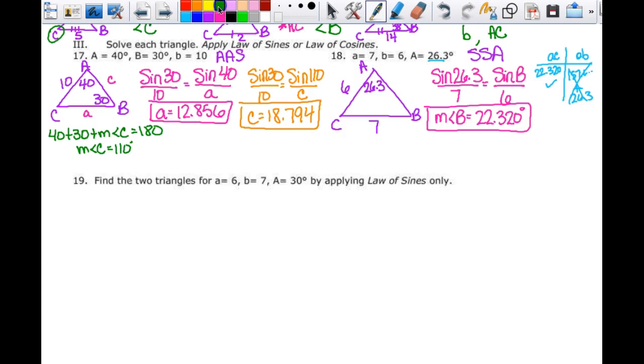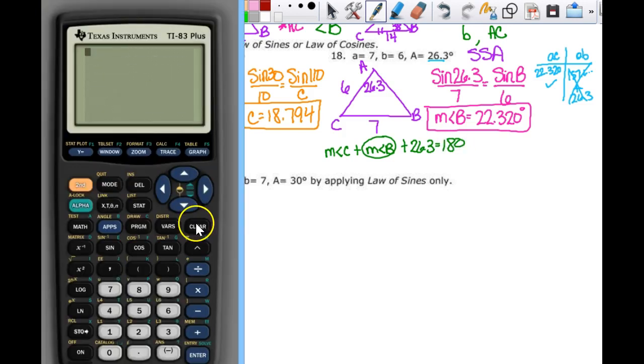So now I can find the measure of angle C. I know that the measure of angle C plus the measure of angle B from my calculator plus 26.3 is equal to 180. So in my calculator, I can do 180 minus B minus 26.3.